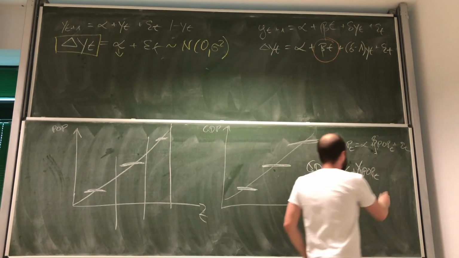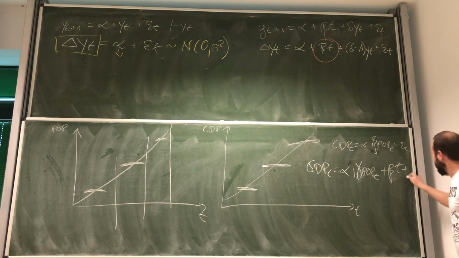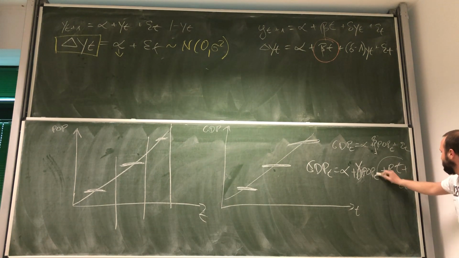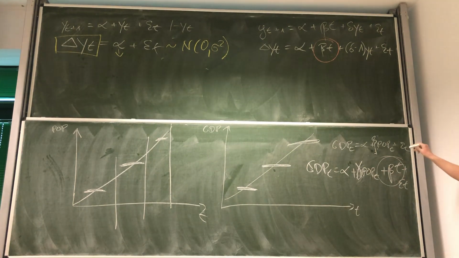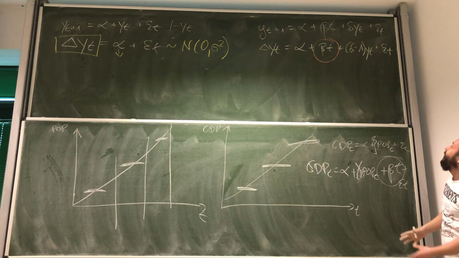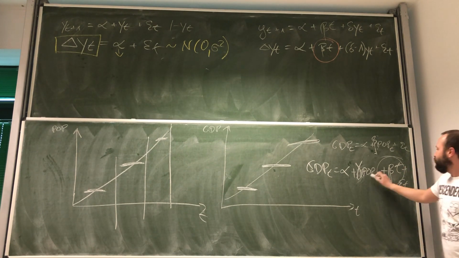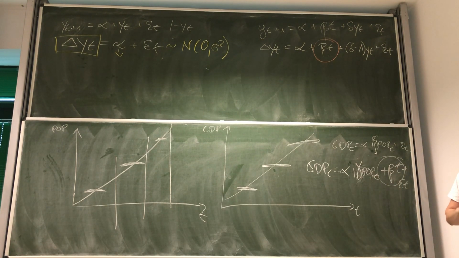Very simple. We add beta t to our equation, and this will suck in all the deterministic trend, and we will get meaningful relationship between these two variables.